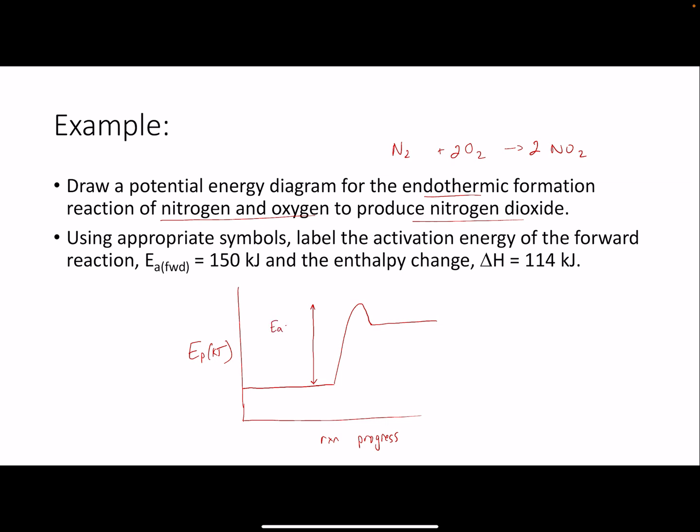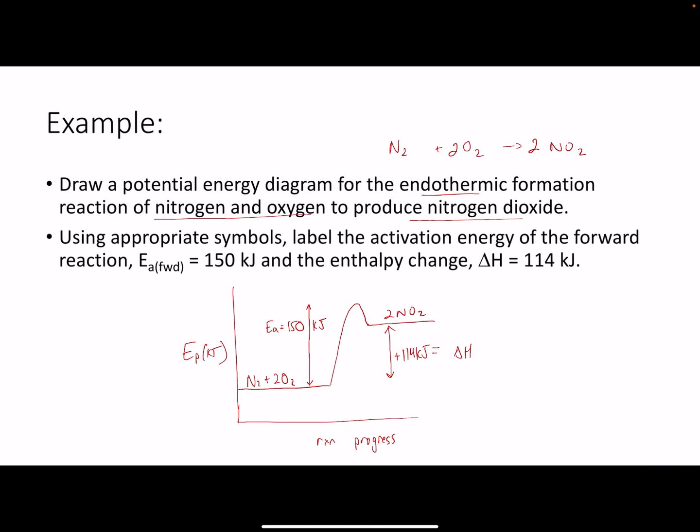So EA equals 150 kilojoules. We'll label the enthalpy change here as 114 kilojoules, right, and that's positive because it's endothermic. We've got to raise the energy of those reactants up, and it's customary to write the reactants on the first line and the products on the second.